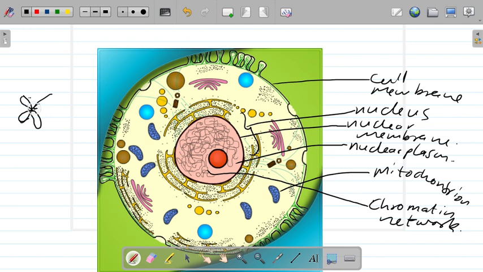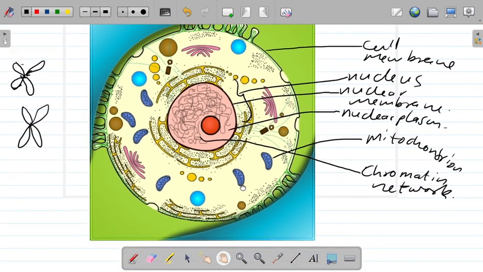So these are chromosomes. We usually see them like this. Hey, my art skills are horrible. But at this time it's organized as a chromatin network. Remember this from grade 10.